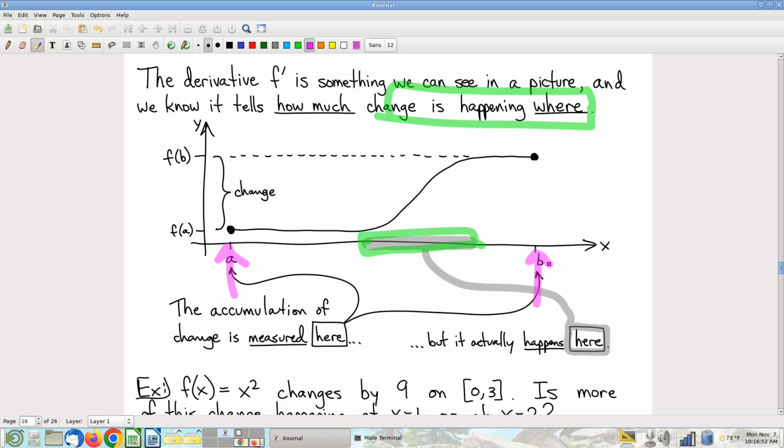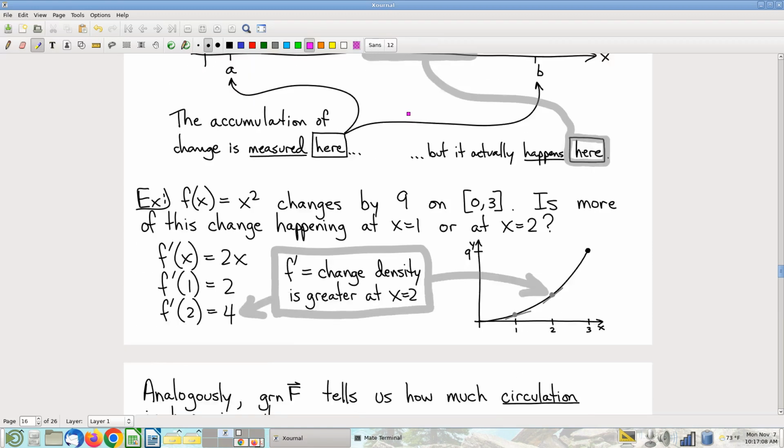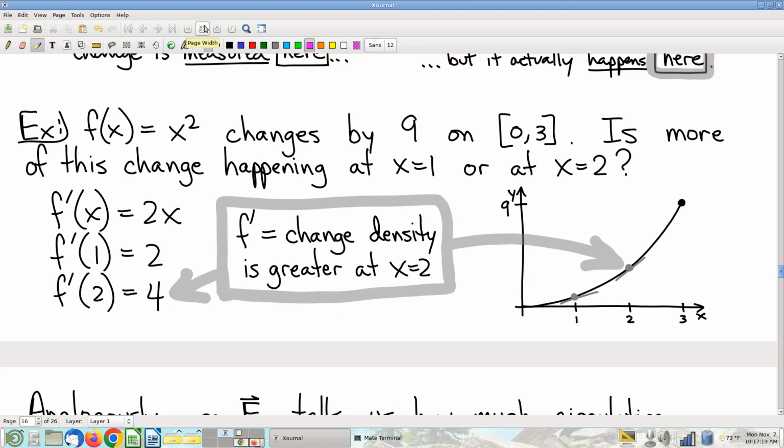And that derivative, that integrand in our resulting interior integral, is what tells you where specifically, and not only where, but also how much. And that was the purpose of this example down here. You can see that because the derivative is greater at this point, you have an algebraic indication that there's more change happening at this point than at that point.